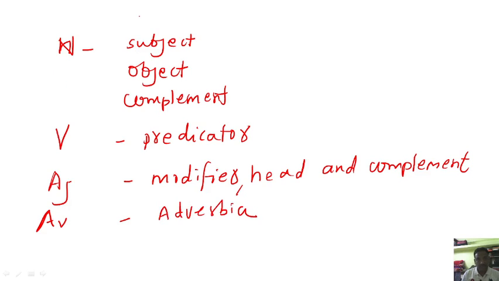So you see that the function of each open word class is different. You can easily understand that a verb cannot be object. Do you understand? Or a noun cannot be predicator in a sentence. So this is the most reliable criteria for identifying word class.